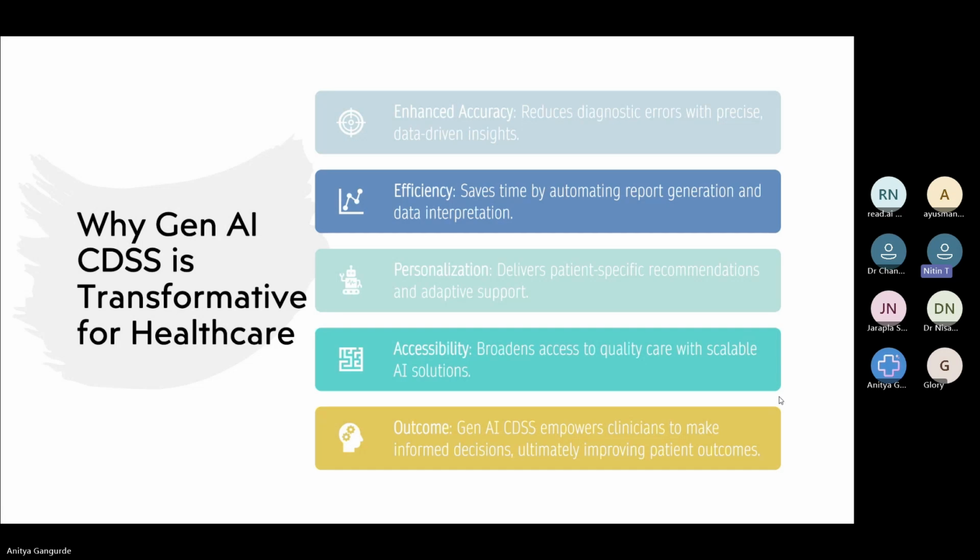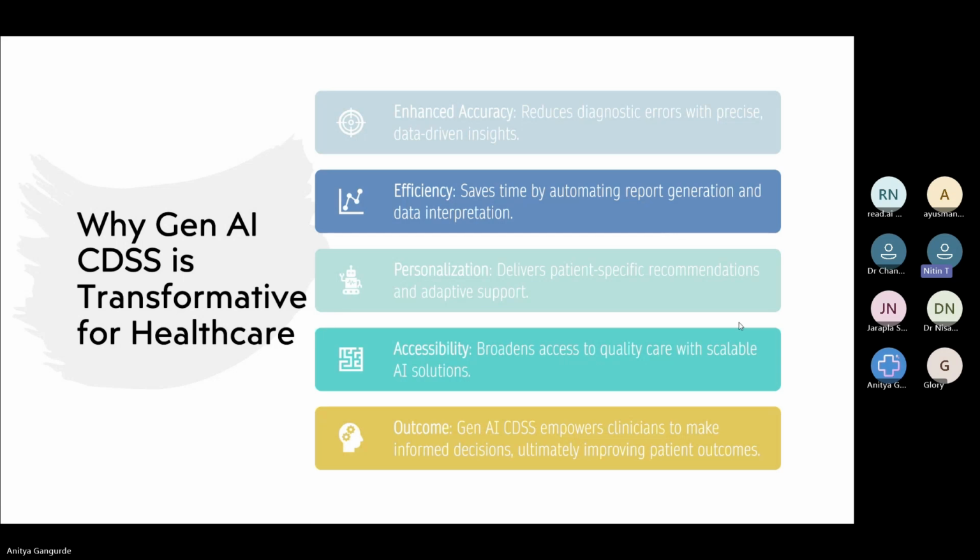Also, accessibility: we do not need to go to the laptop or any other center or to the libraries to see the books. We have our mobile phone in our hands, so we can just upload it, and in real time we can see the results. And as the recent medical guidelines are integrated with the platform, the results will be accurate also.